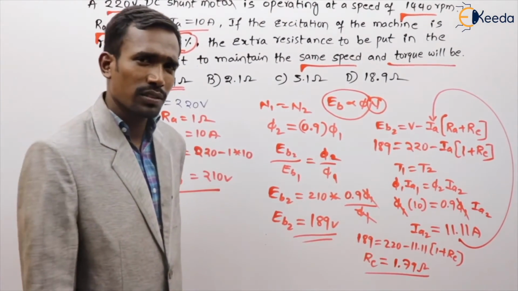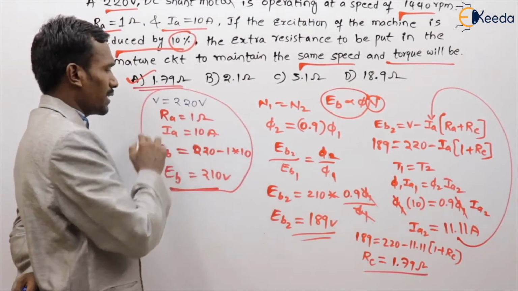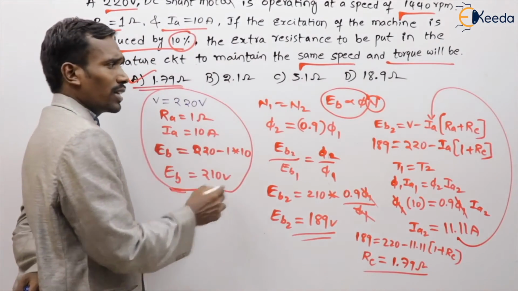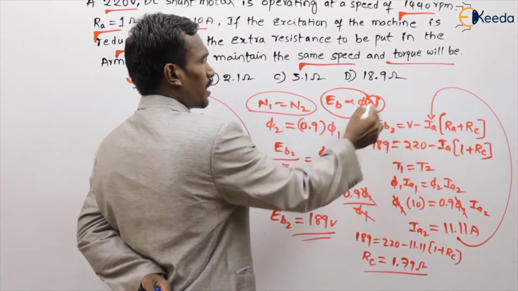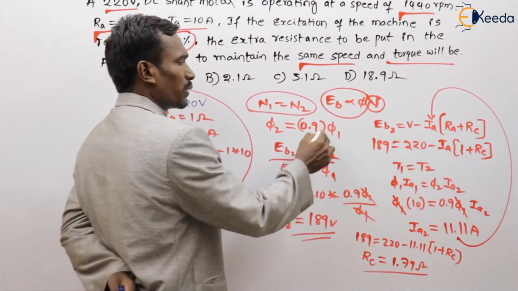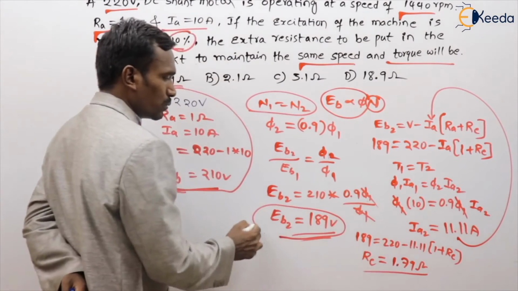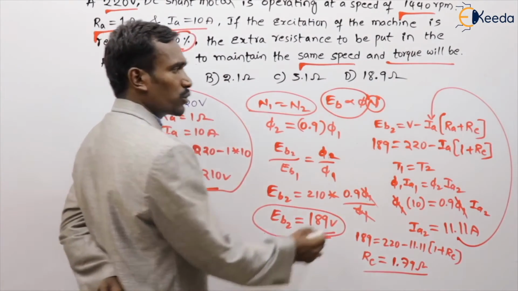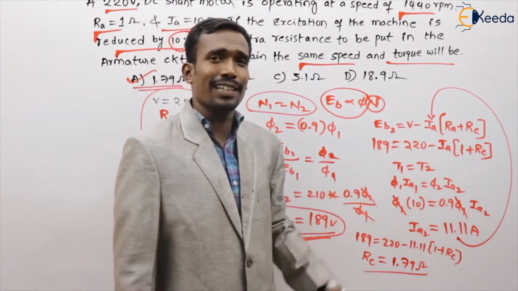What did we do? Actually, we first calculated the back EMF. Speed is constant, EB is directly proportional to phi into N, so EB is directly proportional to phi. They gave that phi2 is reduced by 10%. From that, I calculated EB2. EB2 is equal to V minus IA into (RA plus RE), extra resistance added.